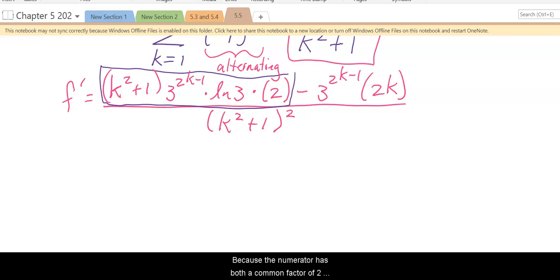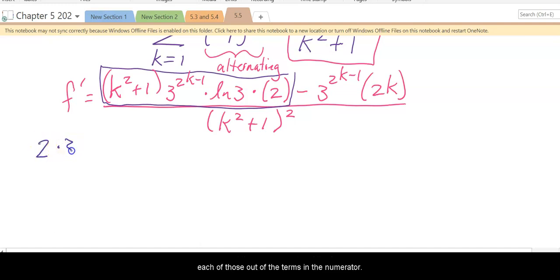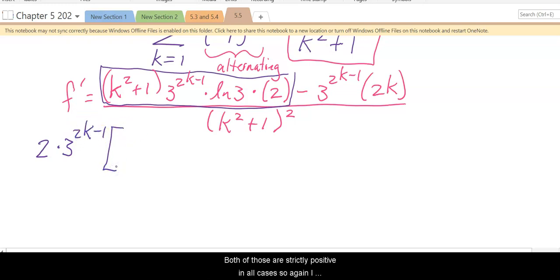Because the numerator has both a common factor of 2 and the common factor of the 3 to the 2k minus 1, I can factor each of those out of the terms in the numerator. Both of those are strictly positive in all cases, so again, I can ignore them. They are not going to contribute to whether it is a positive or negative numerator or positive or negative derivative.